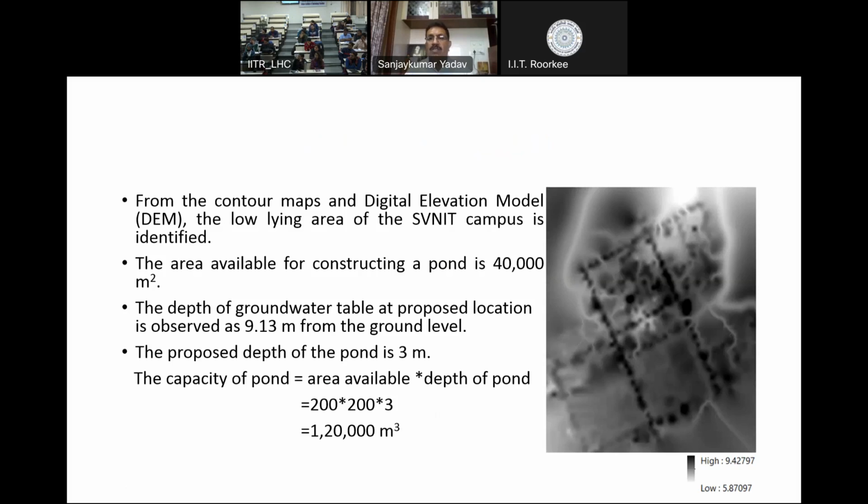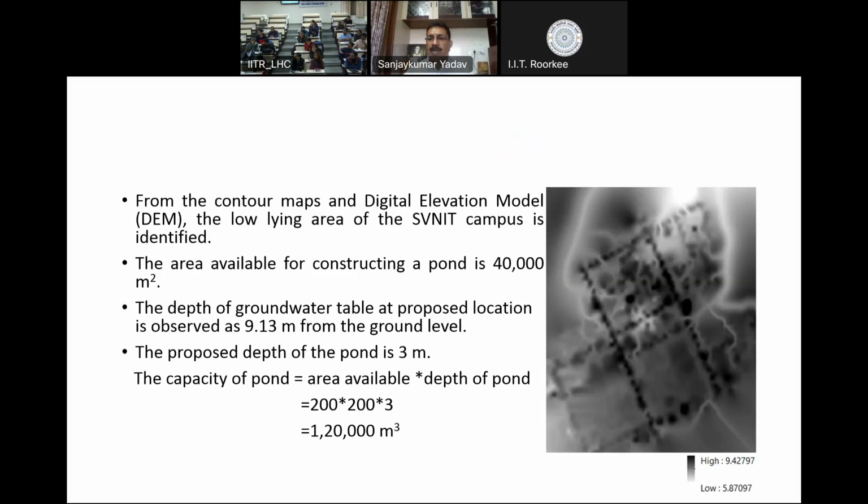However, if you have funds, it is possible to construct, depending on the rock formation, which you have to check. It should be fractured rock, highly weathered and fractured. At the same time, it should not be localized; it should be spread over the entire area so that percolation inside can happen if one wants to go for recharging.